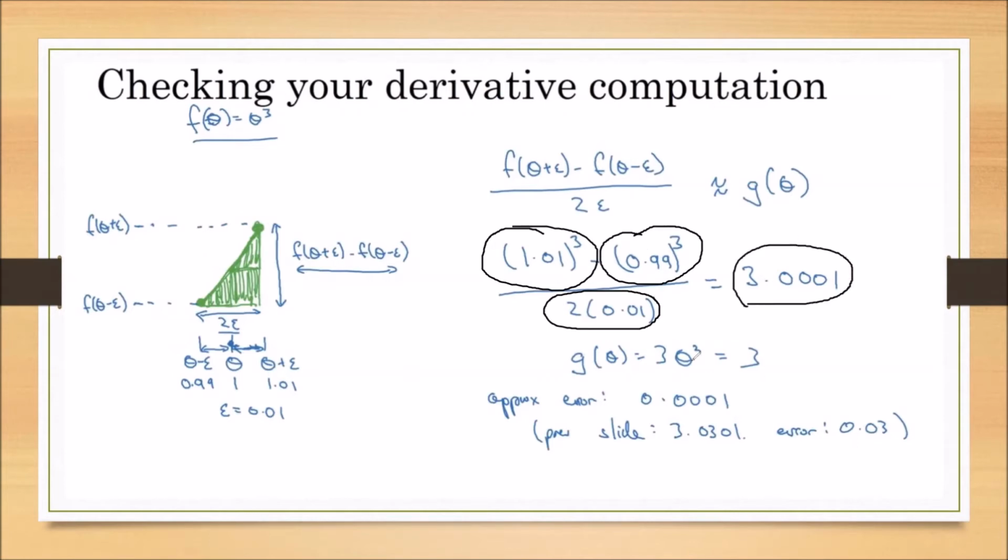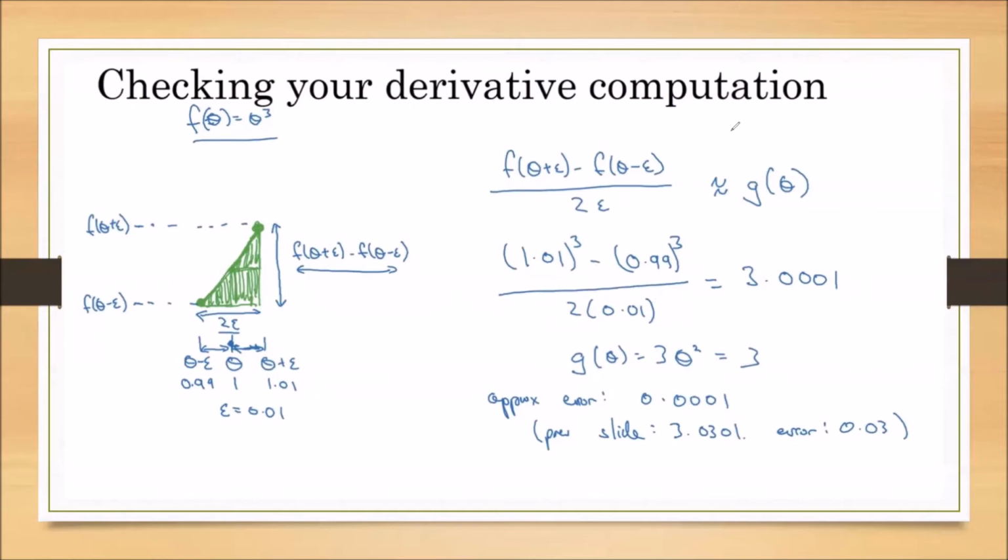By normal calculus, the differentiation of theta cube is 3 theta square, and because we are taking this differentiation at theta equal to 1, the result is 3. So 3.001 and 3 are almost equal. Our numerical computation approach has now checked the calculus method for the differentiation of f of theta.